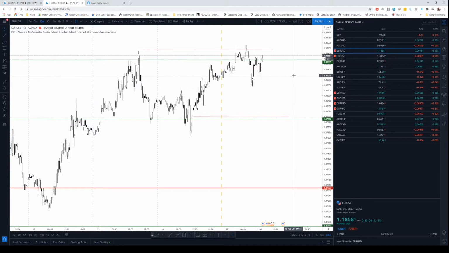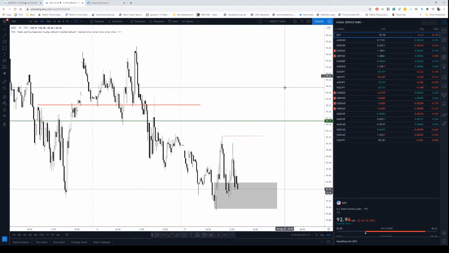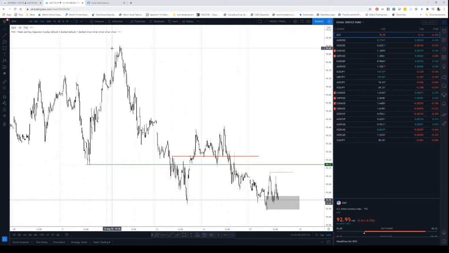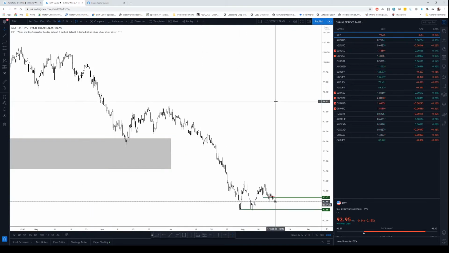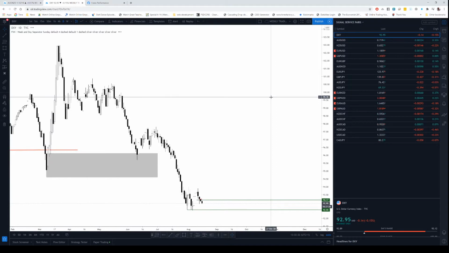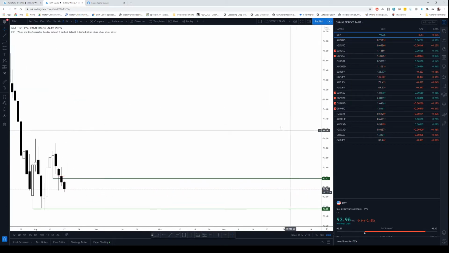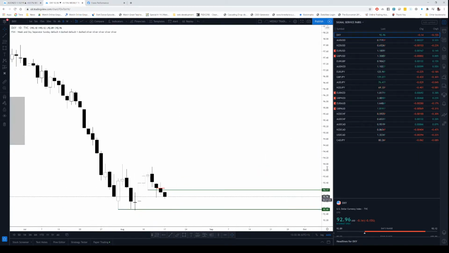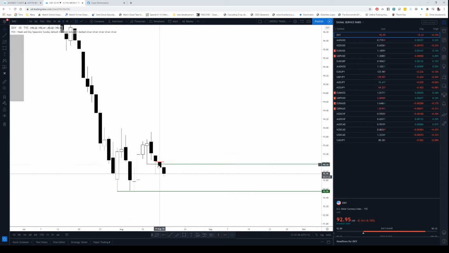Right, let's start with our usual stuff that we do, beginning with the dollar. Okay, so let's start on the daily so we have a clear picture of what's going on. On the daily, we are stuck in a range.